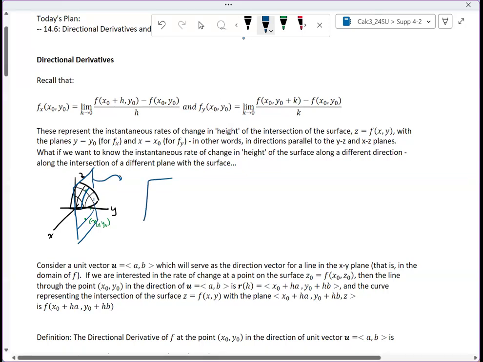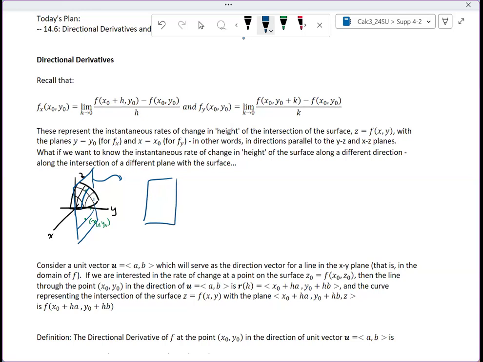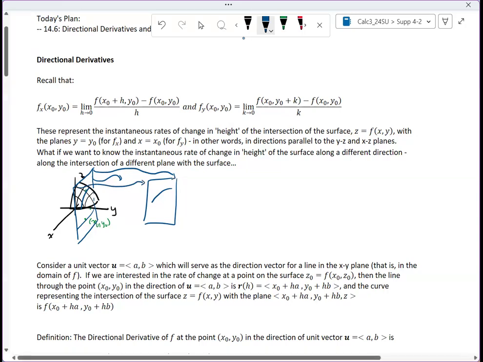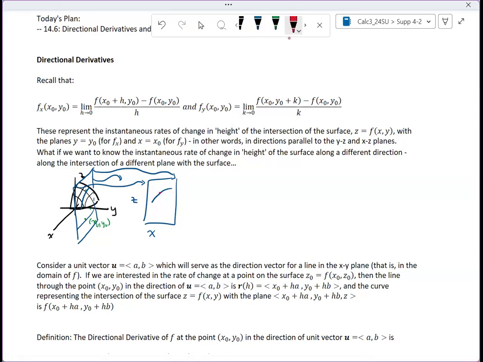So if I imagined pulling this plane out over here, I would have a curve something like this, where this corner is coming over to here and this corner to there. I would have a curve that looks something like that, and I would be thinking of, roughly speaking, x as being like the independent variable, the horizontal axis, and z as the dependent, roughly speaking, from this context. And again, I could imagine at this point of interest, I would have a tangent line here that's represented by a tangent line over here.